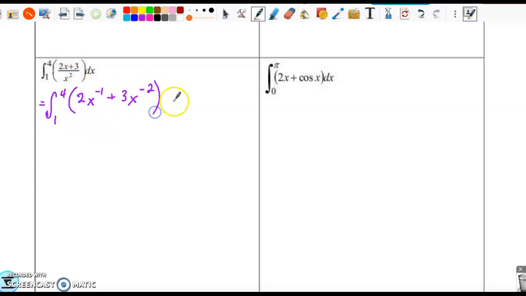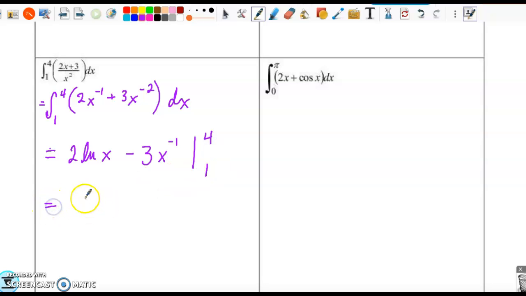So then, as a reminder, the integral is 2 natural log of x, because remember we talked about this. If you were to add 1 to negative 1, you're at 0, and you can't divide by 0, so something was wrong there. Adding 1 to negative 2, but then we have to divide by negative 1, so that's why I changed that to be a minus 3, from 1 to 4.